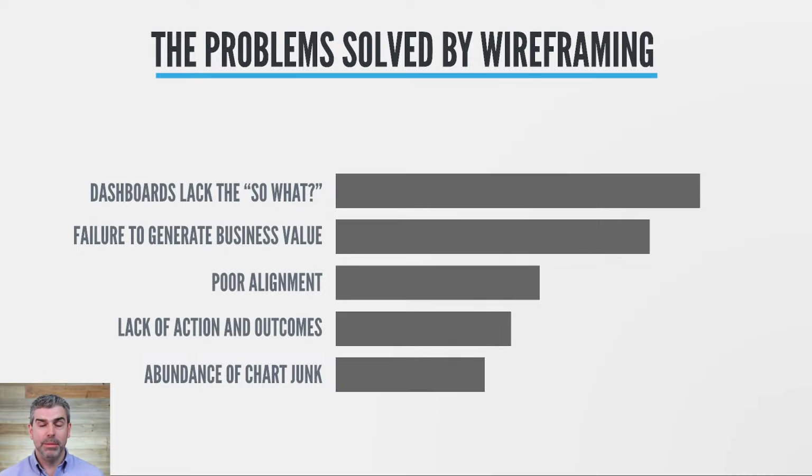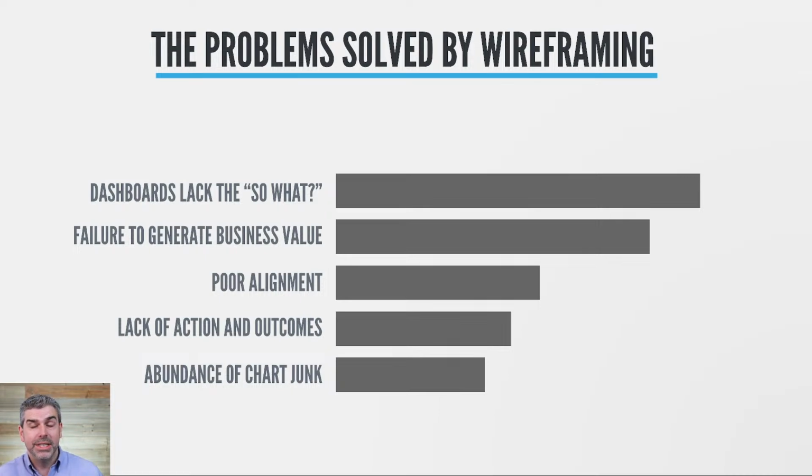We can have poor alignment between our end users, between our stakeholders and the consumers of our dashboards, as well as one of the hot topics we hear in analytics, actionable insights, and it's really becoming overused. It's an easy phrase to use, but it's really hard to do in application. And that's where wireframing can help us visualize.